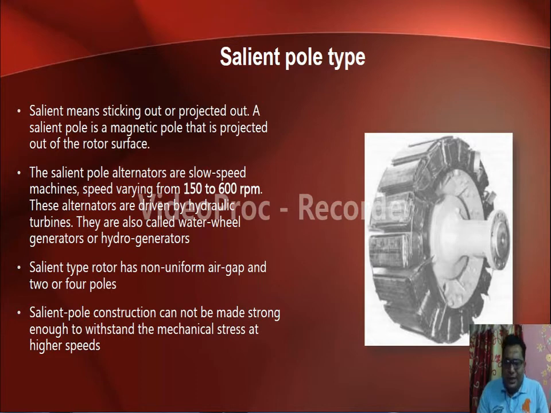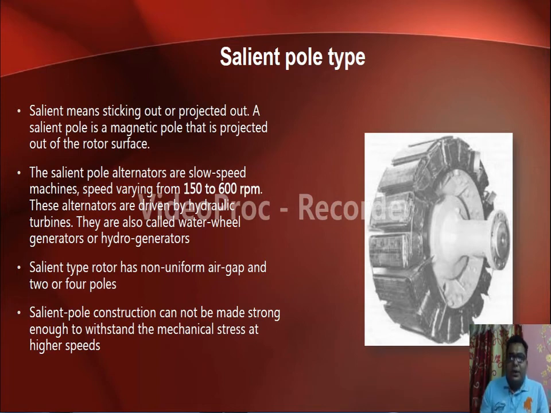And what constructional features does it have? The salient pole rotor has a projected outer part, and over that we have a damper winding. What is the utility of this damper winding? Suppose we have connected some load to the alternator and suddenly we reduce a huge amount of load.